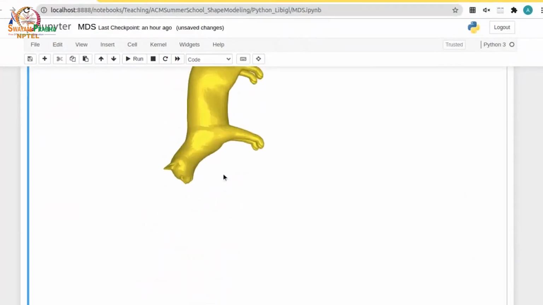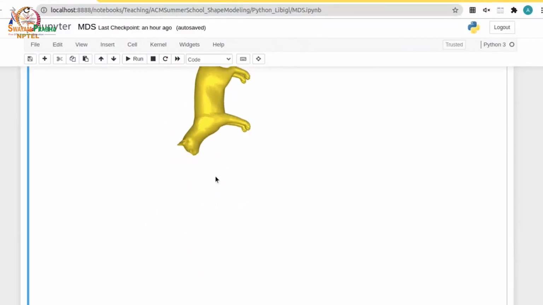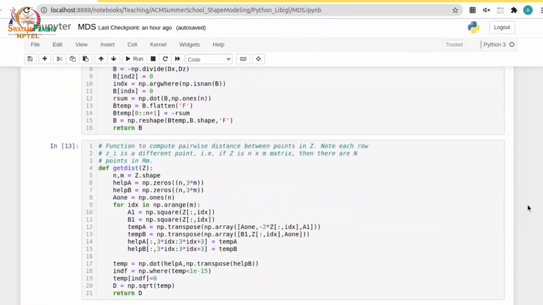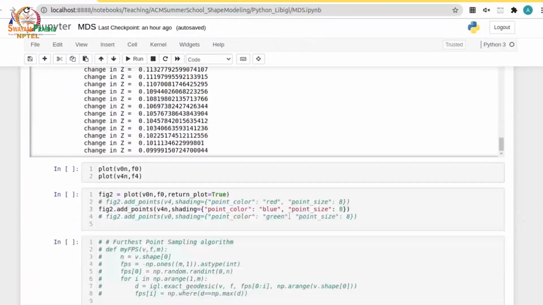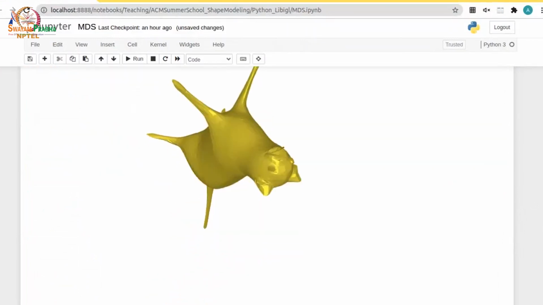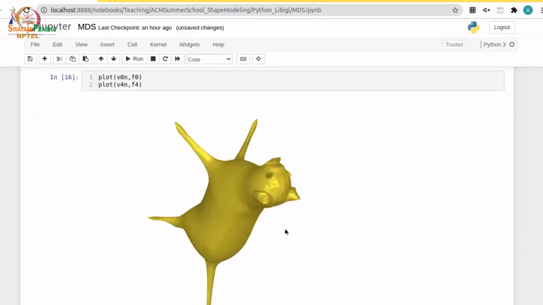Using Spec-Off, if we embed them using MDS, again remember we are embedding it in a three-dimensional space, we will get something like this. So the first one is for CAT0.